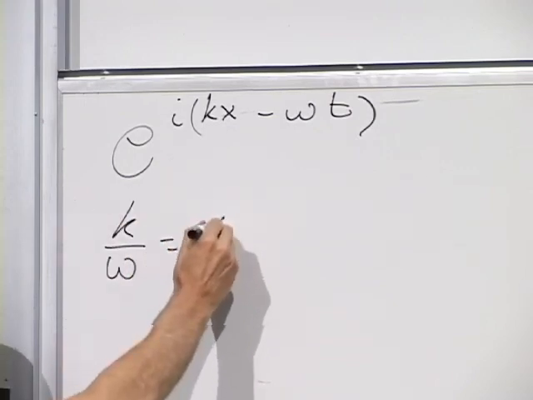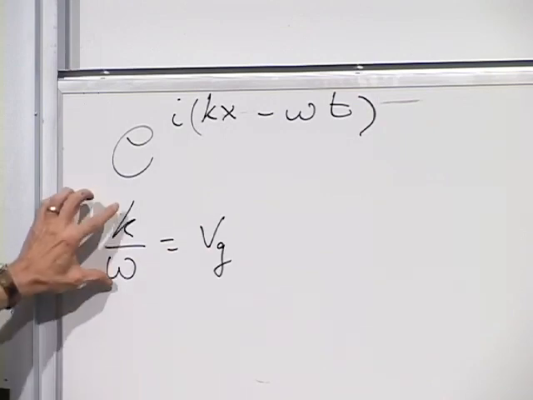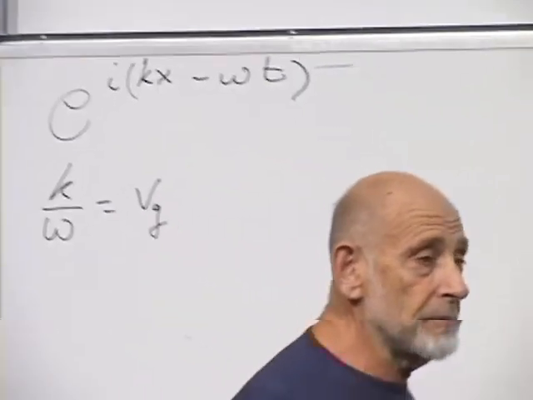Let's just call it the group velocity. And when you write this, you may think I mean the absolute value of k. K can be positive, k can be negative. Omega can be positive or omega can be negative. But I really mean it, k over omega with its appropriate sign.